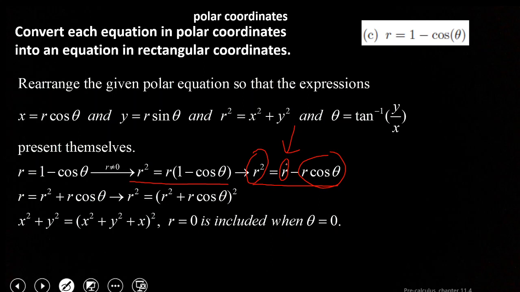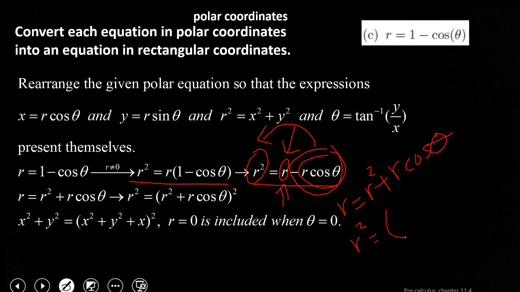So we're going to move this right here to the left side, have this by itself, and then square it. So we have r squared minus r cosine theta equals r, and now I'm going to square both sides.